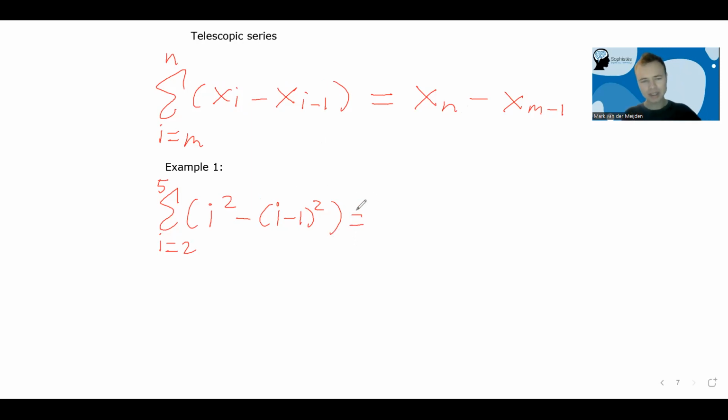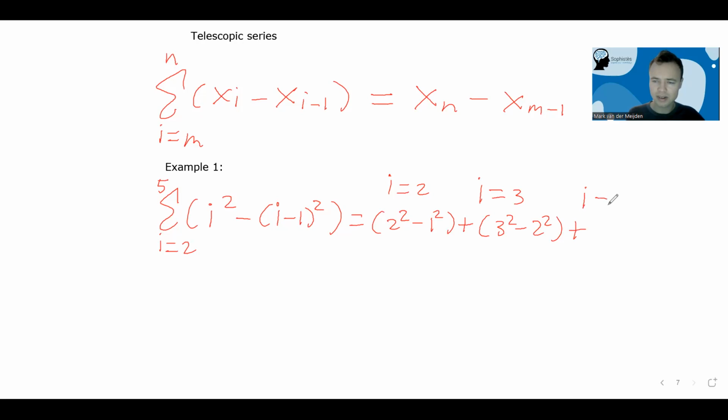So let's first do it in the method we started the session. So you write down i is 2. Well, in that case, you would get 2 squared minus 1 squared, right? There you get i is 3. There you get 3 squared minus 2 squared. i is 4.